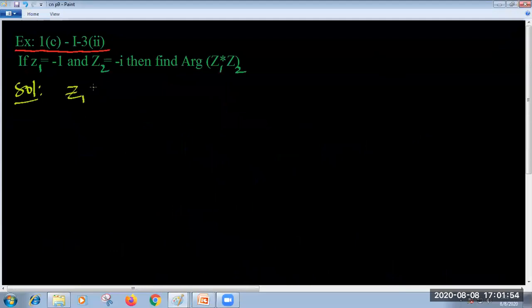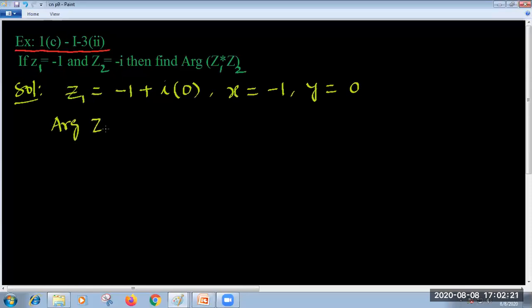The first given complex number is -1, and it can be written with no imaginary part. So this is almost the same. The x value is -1, the y value is 0. Argument of z1, the first part is the same as in the previous problem.